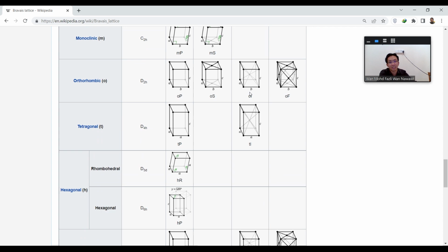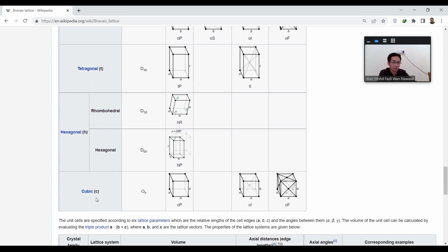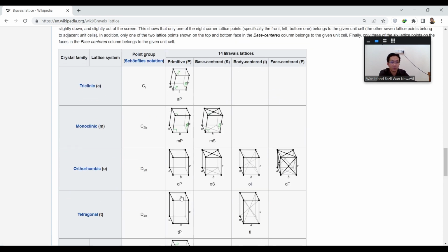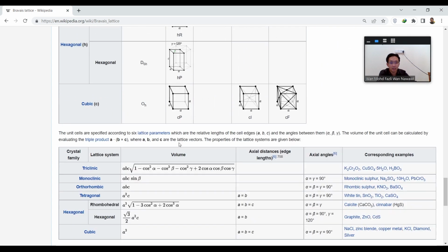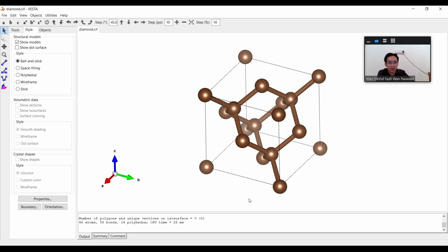We focus just now only on cubic. For cubic, there is simple cubic, body-centered cubic, where there is a center atom, and face-centered cubic. There is nothing like a diamond here.